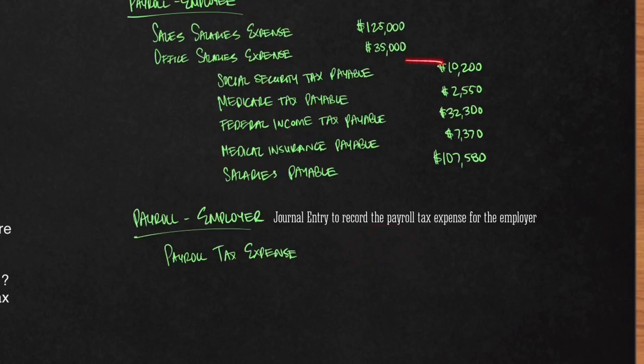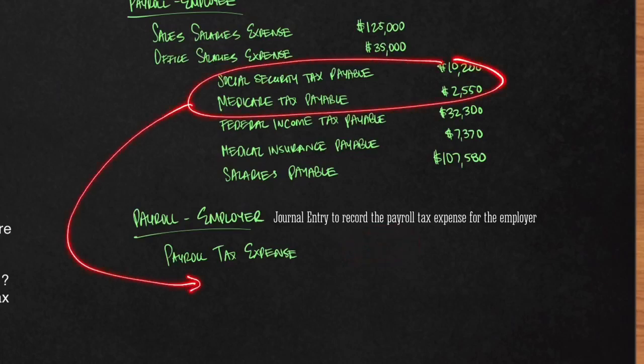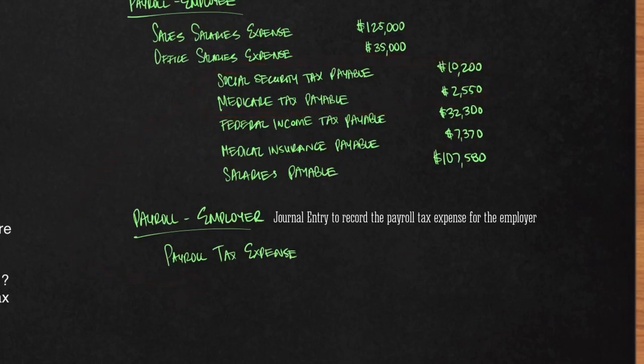So let's work on our accounts that are going to be credited. The first two accounts are Social Security tax payable and Medicare tax payable, just like the employee's payroll journal entry. In fact, what you're going to do is you're going to match the employee's journal entry for the same amounts. So here, Social Security tax payable was $10,200 previously, and you're going to match that with another $10,200.